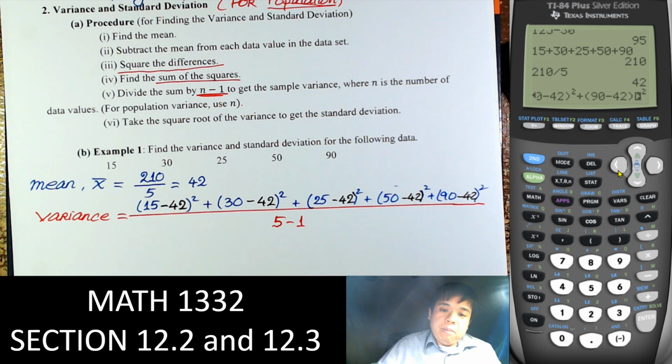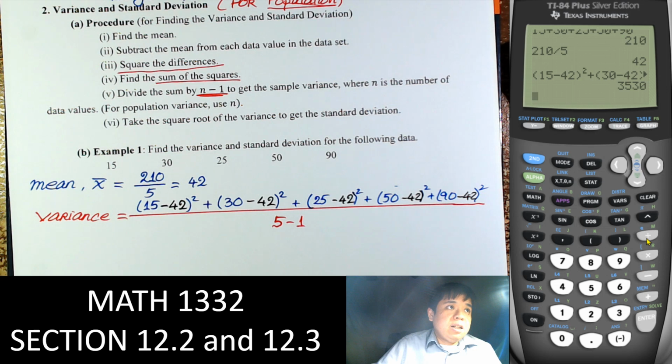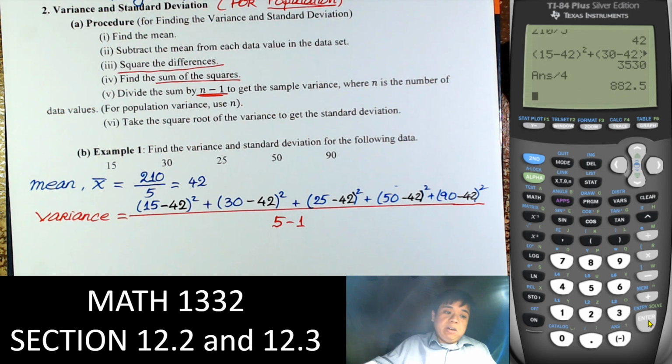So 90, 50, 25, 30, and 15. Right? All of that divided by 4. That is the variance.